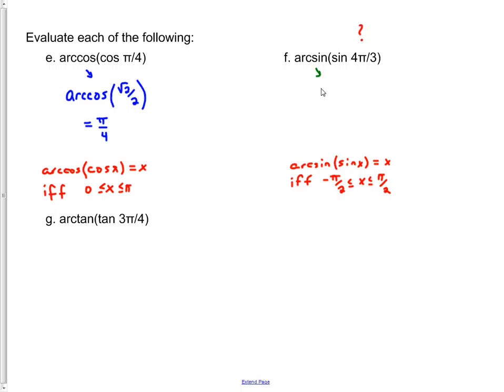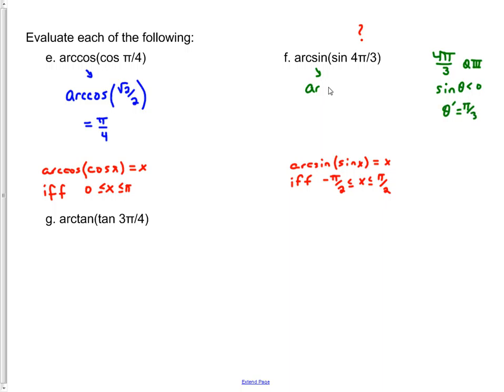In this case, just work our way from the inside out. Sine of 4 pi over 3. 4 pi over 3, that's a quadrant 3 angle. And in quadrant 3, sine is negative. So that means our reference angle right here is pi over 3, and we know that the sine of pi over 3 is radical 3 over 2.